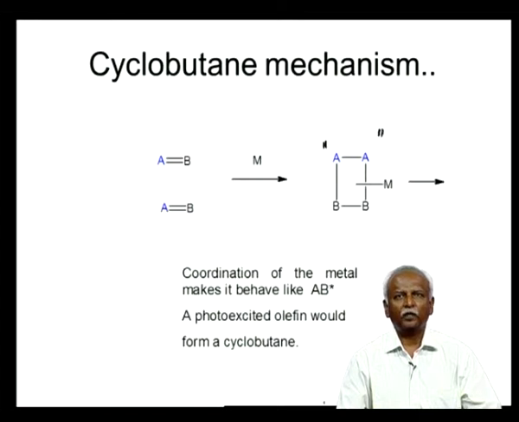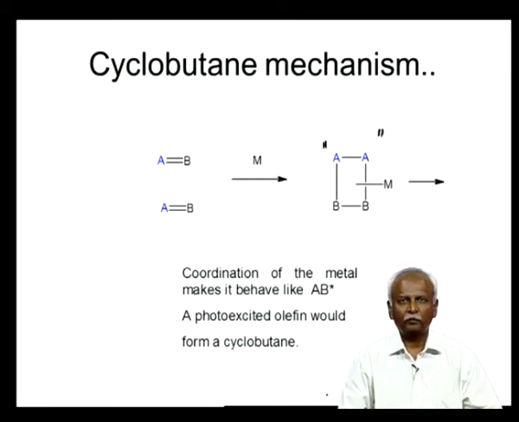So, this cyclobutane was not a stable intermediate. It could be a transient intermediate which could be formed in the coordination sphere of the metal, and subsequently it would undergo the reverse reaction and form the two olefins again.